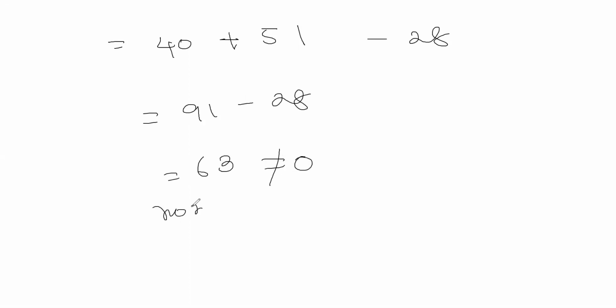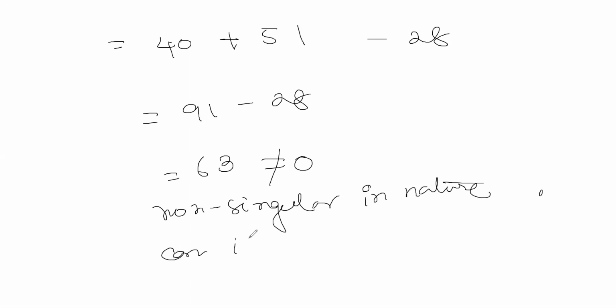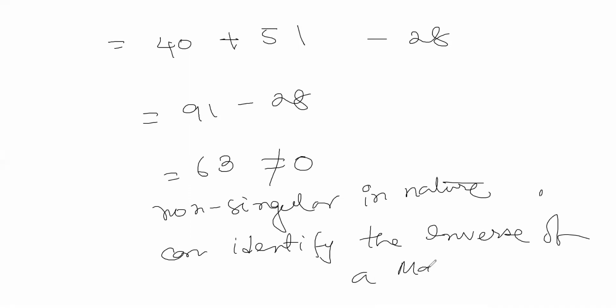That means it is non-singular in nature and we can identify the inverse of a matrix. Okay, so that's how a 3 by 3 matrix's determinant is identified, and then we can decide whether the inverse of a matrix is possible or not.